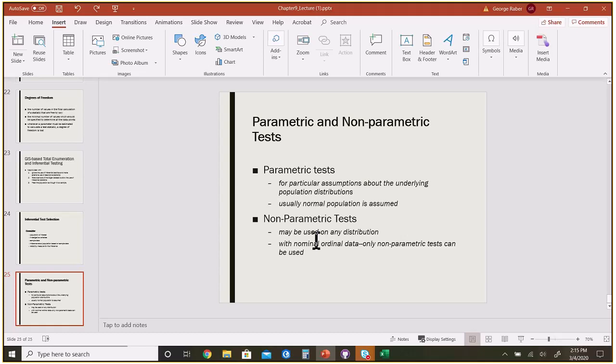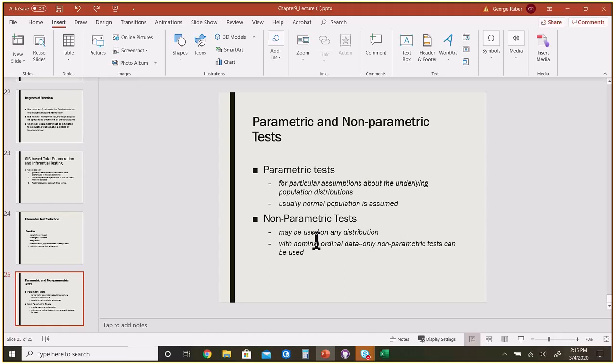All right, now this actually is introduced here in chapter 9, but isn't tested. I mean, we don't talk about a test until chapter 10. There are what we refer to in the statistical world as parametric and non-parametric tests. Okay, so parametric tests are tests that have assumptions about the underlying distributions, particularly that parametric tests always require actual numbers, like actual real numbers that can be added.